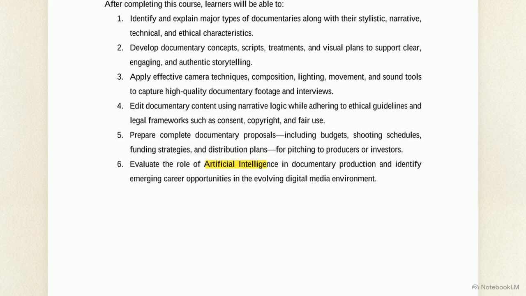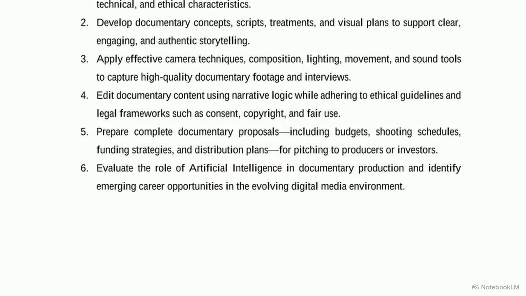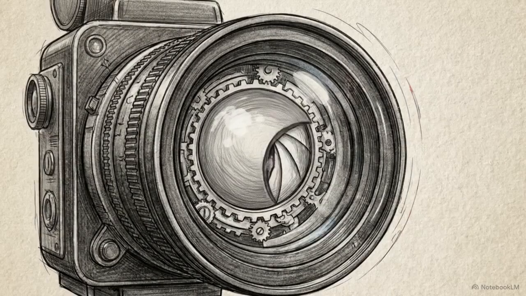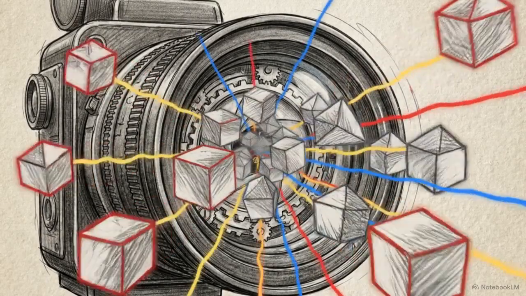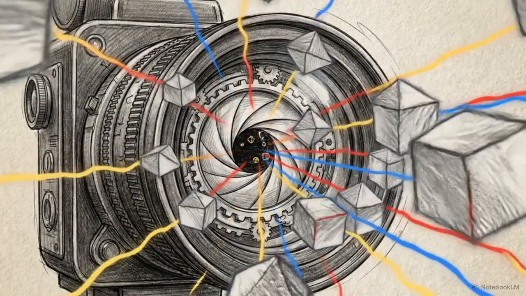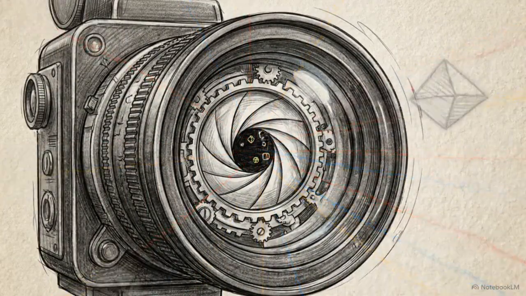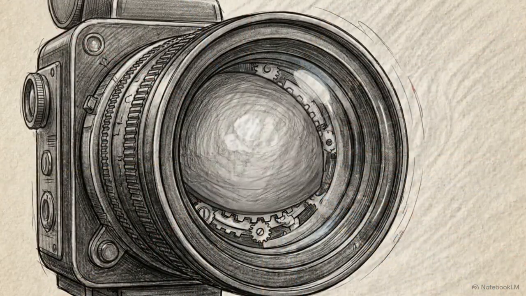Outcome 6 requires us to evaluate the role of artificial intelligence in production. AI will inevitably generate synthetic media that complicates these boundaries further, forcing documentary frameworks to evolve again. Mastering these taxonomies, treating the camera as a tool for translation rather than a passive recorder, is the core objective of documentary craft.